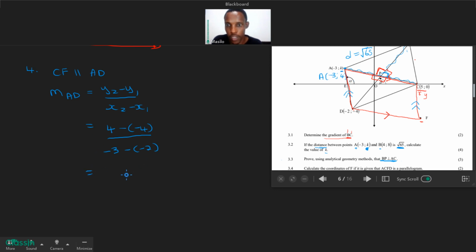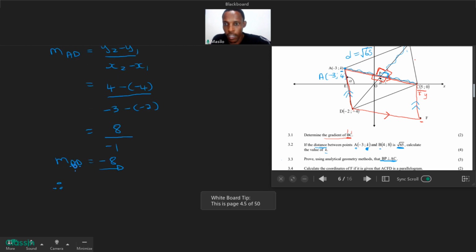Therefore, my answer will be 8 over negative 1, which is negative 8. So we know the gradient of line AD, and we can conclude that the gradient of line CF is also negative 8.